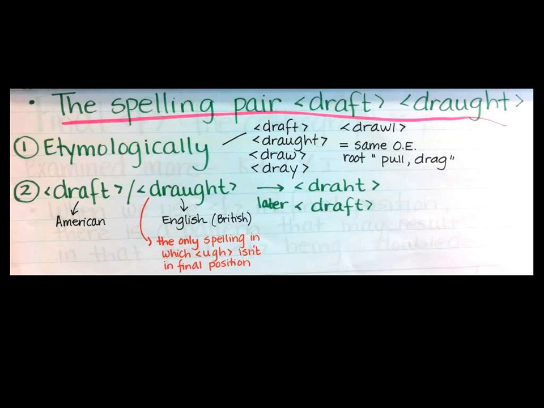Today, British English remains the D-R-A-U-G-H-T spelling, where we as Americans spell D-R-A-F-T. However, they're connected and they are both appropriate because we should respect both styles of English. Knowing why one was let go of in one language versus the other, you may be able to trace back if you're looking at an etymological dictionary, and students can also maybe make some hypotheses of their own as to why that is the case.